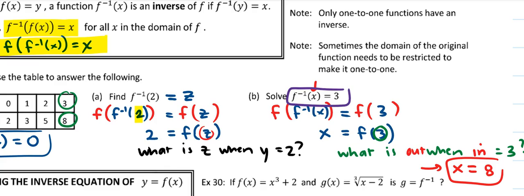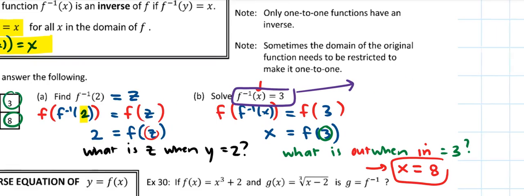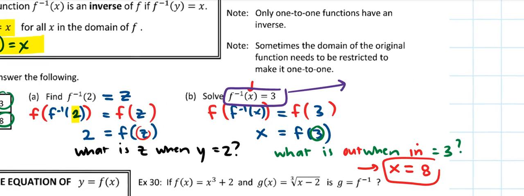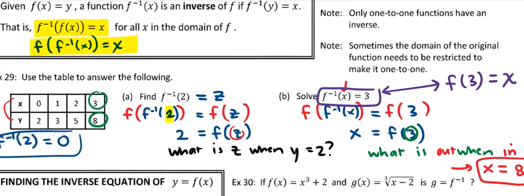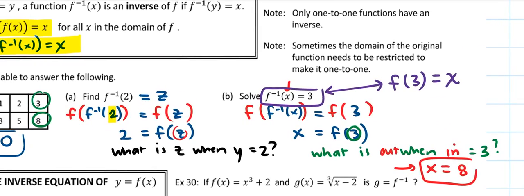Do this a couple more times, maybe 10 more times. Whenever you see the inverse, you can take the function of the number on the right-hand side, and it is equal to the argument. We did that with compositions, but this is just a shortcut. Take a little time for that to settle in. Sometimes it gets a little confusing, but hopefully this helps you out.